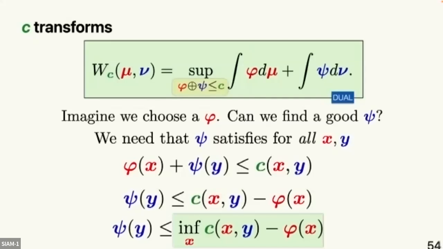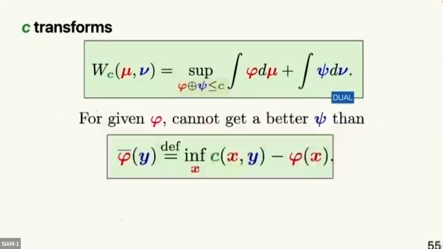So as long as I basically stay lower than this infimum, I'm safe. And since my interest is to make it as large as possible, I will pick that infimum as my possible value for psi.